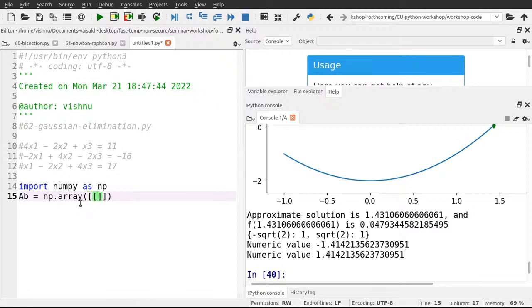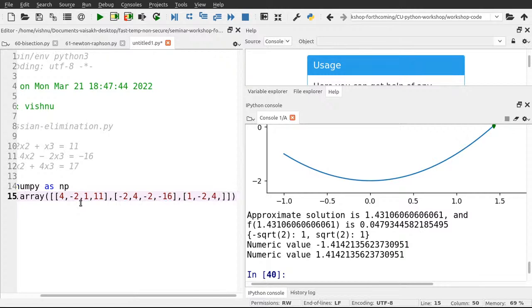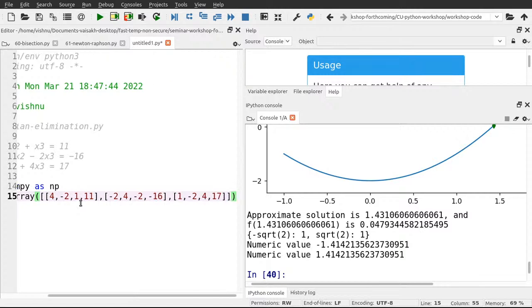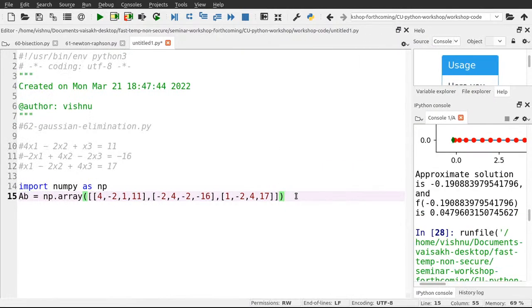The first row is going to be 4, minus 2, 1, 11. The second row is going to be minus 2, 4, minus 2, minus 16, and the third row is 1, minus 2, 4, 17. This is the augmented matrix.